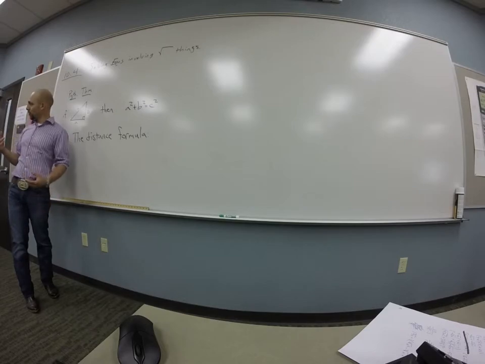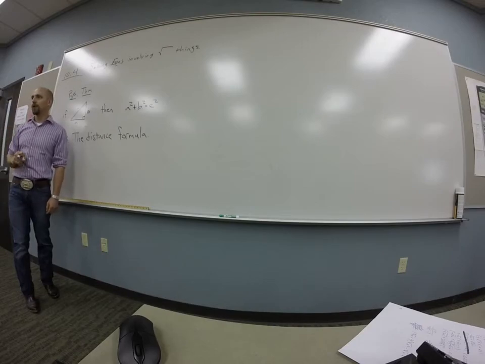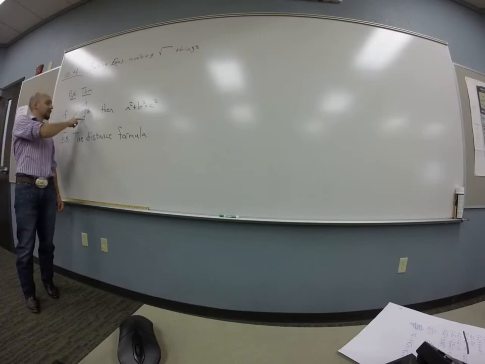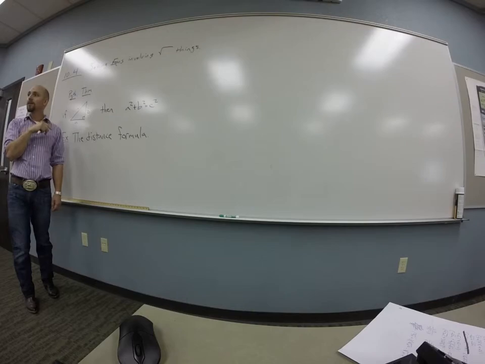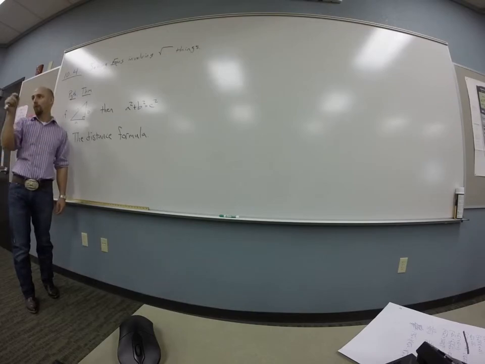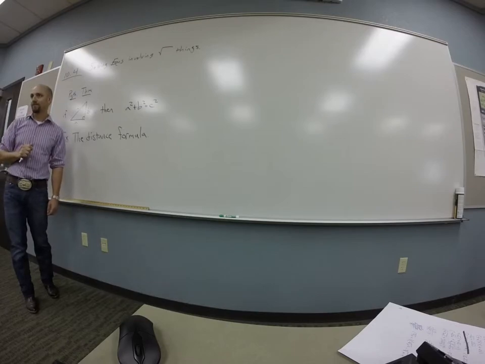Does it work with the 45, 45, 90 triangles? Yes. They have a right angle, and then I can label the sides this way. As long as I make sure C is the hypotenuse, it'll work with any kind of 90 triangle.